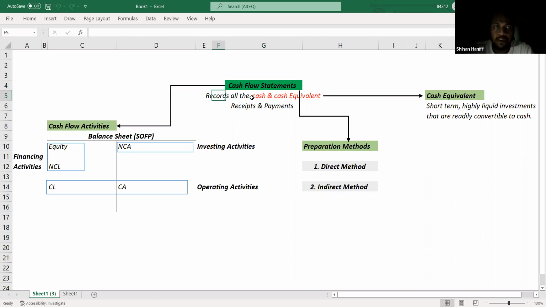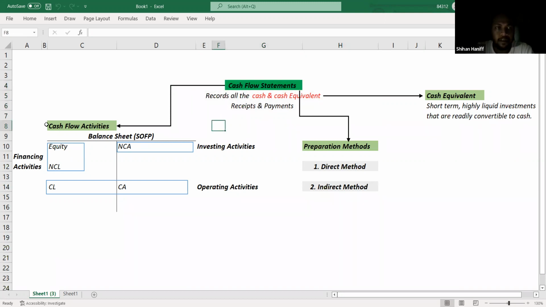Not only the cash, we record cash equivalents, that means assets similar to cash, highly liquid, short-term liquid assets. So we record all the receipts and payments. That is what we call a cash flow statement. So you need to know the introduction or the definition of cash flow statement.